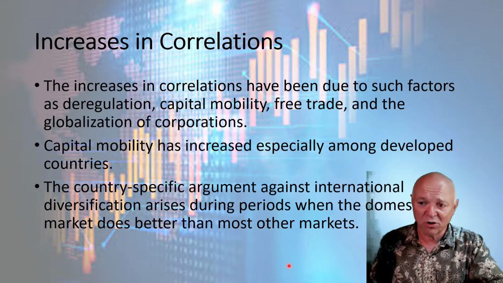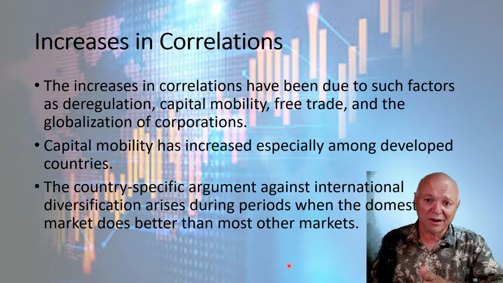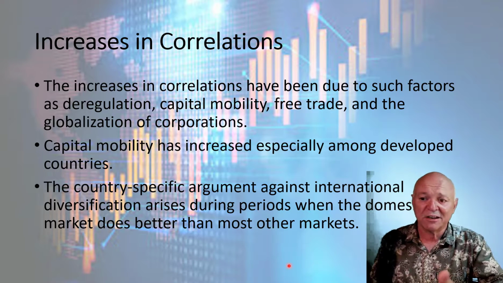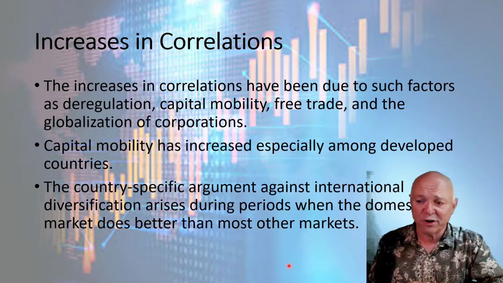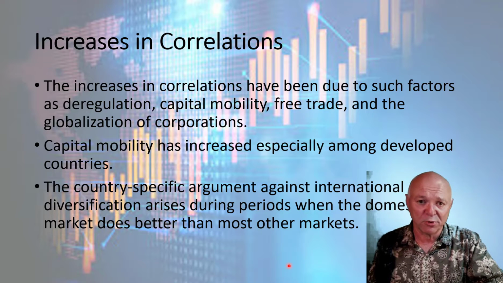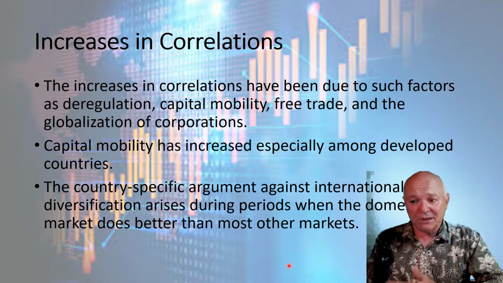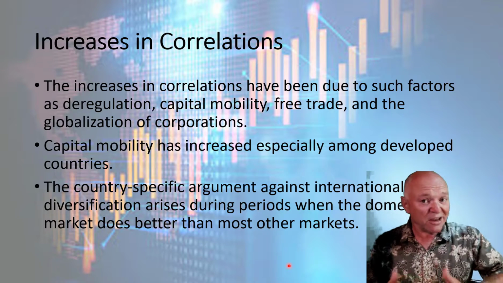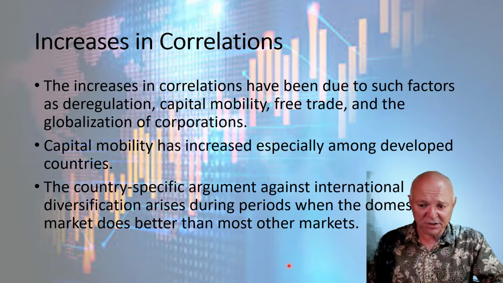So increases in correlation are due to factors like deregulation, mobility of capital, reduced taxation of capital at borders, increased trade either through free trade or trade within blocks, and the globalization of those multinational corporations. Capital mobility has increased, especially in those developing countries that used to have the lowest correlation coefficients.